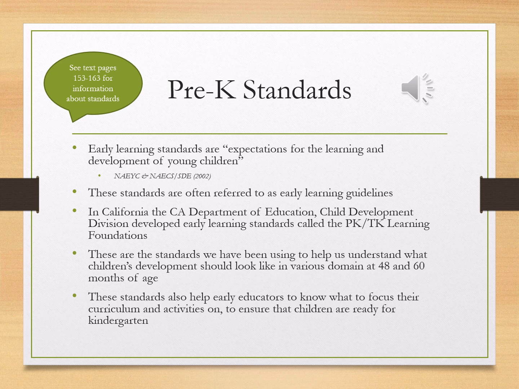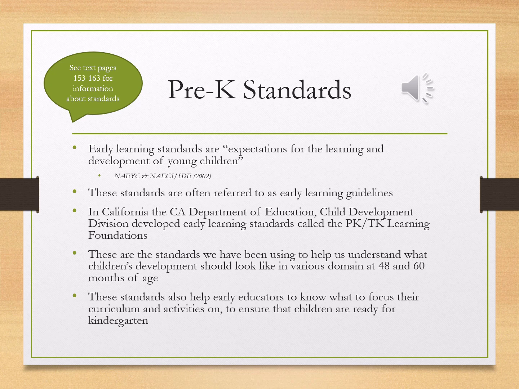So the rest of this slide is just reminding you that in California, the California Department of Education, the Child Development Division, developed these early learning standards. We know that they have the infant toddler version that has 36-month-old children in it, and then there's also the preschool learning foundations that have children age 48 and 60 months of age.